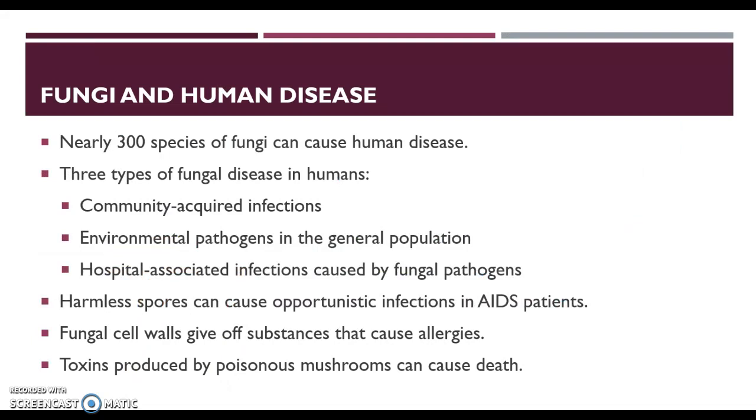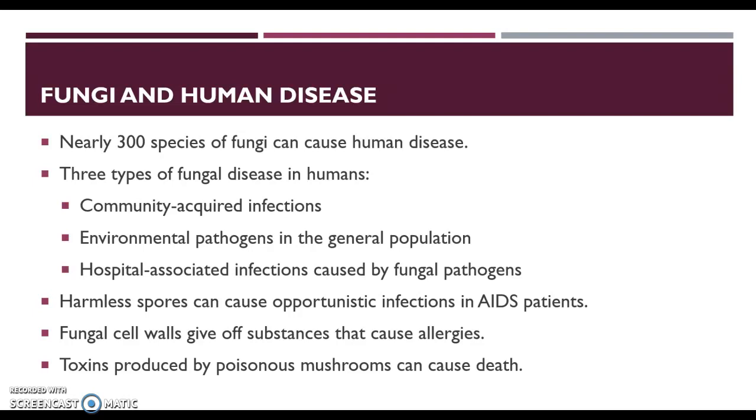So approximately 300 species of fungi are associated with human disease, and there are 3 general ways that humans can acquire a fungal infection. And the first is community-acquired infections. The second is environmental pathogens that are found in the general population.